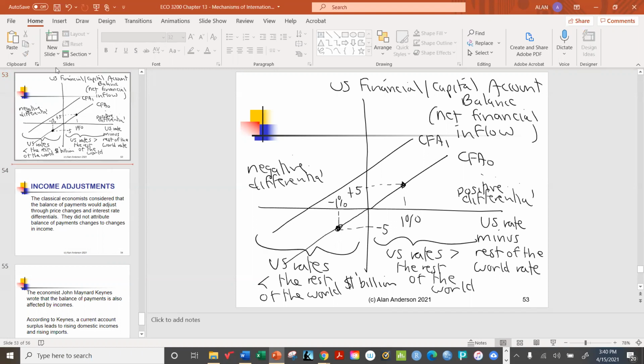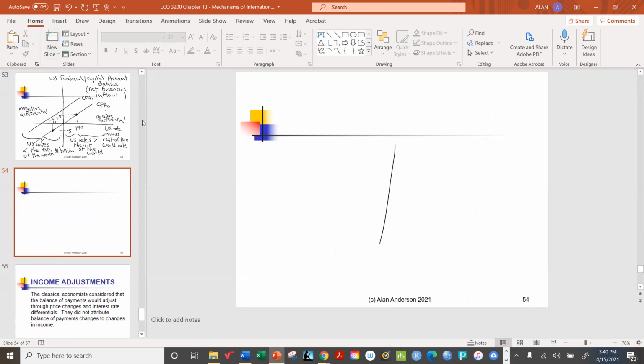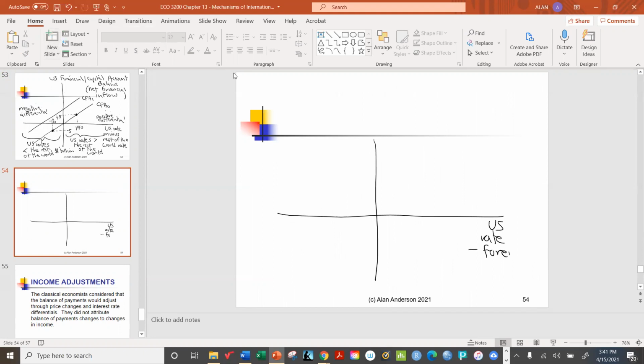All right, so in fact, why don't I draw this on a separate graph, because it's getting very cluttered here, just so you can see what's going on. So we've got the US rate differential, meaning the US rate minus foreign rates, which is called the US differential. And over here we have the US financial and capital account balance. And let's say the curve goes right to the origin.